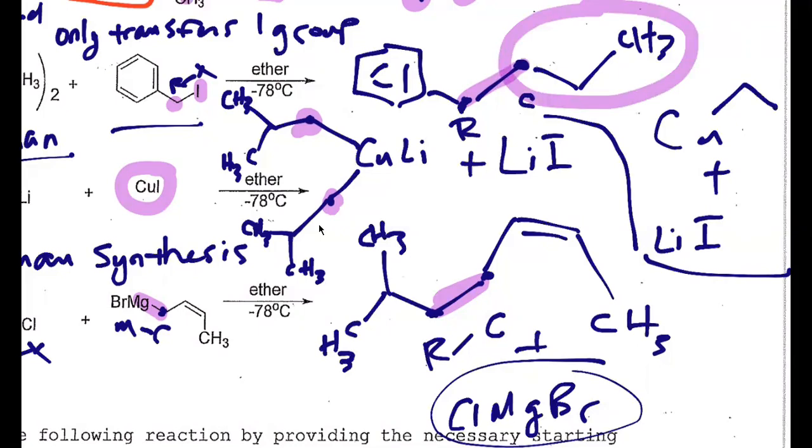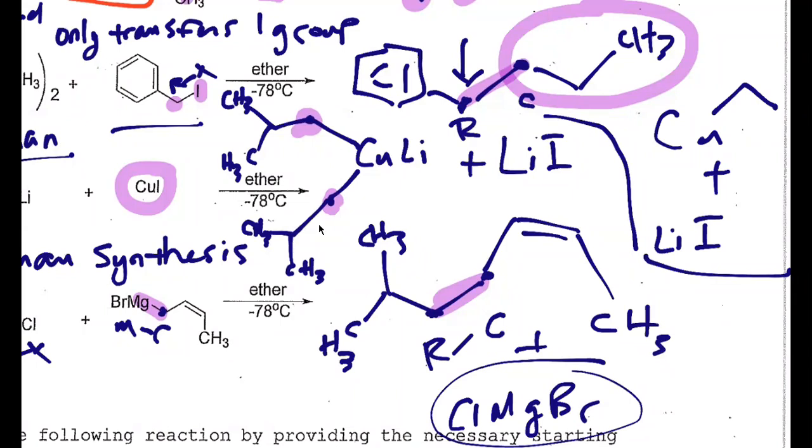But that carbon that it attacked, which is this one right here, can only take that one group anyway. Okay, so the other group has to go. It just stays with copper. And again, once you get to this phase, all of this is waste. The copper and the lithium iodide, all that stuff goes in the trash.